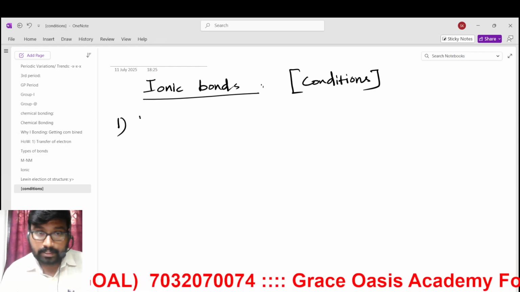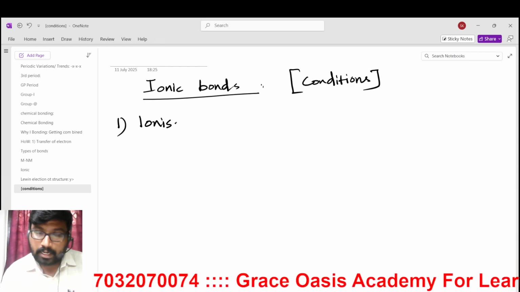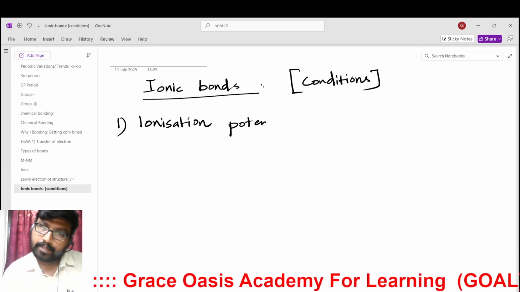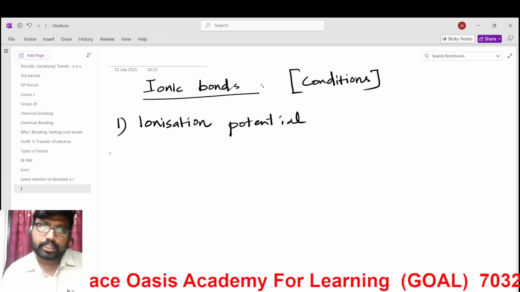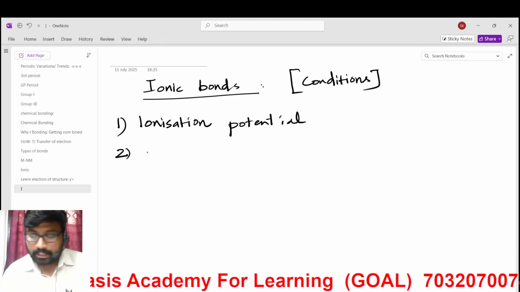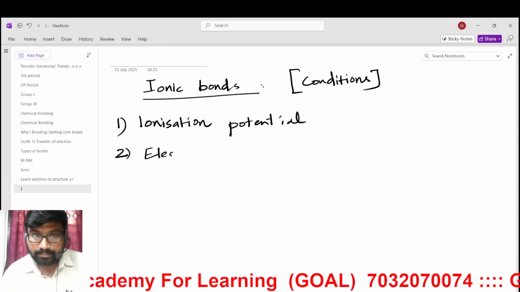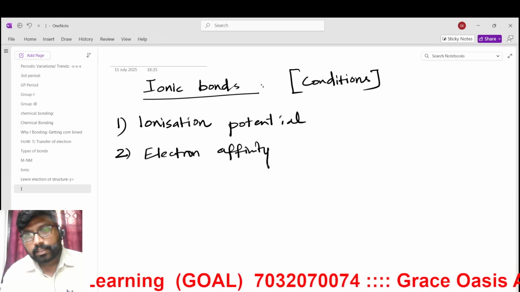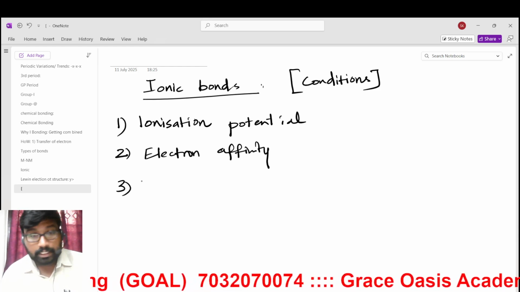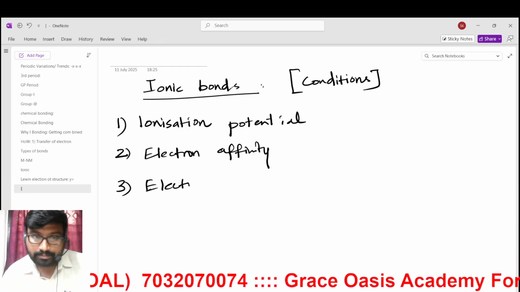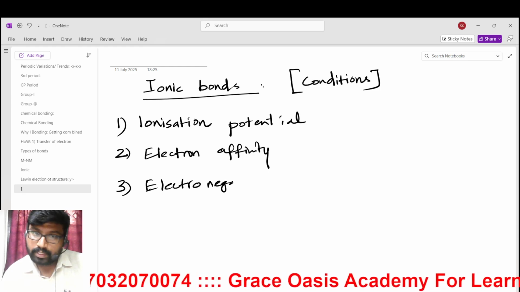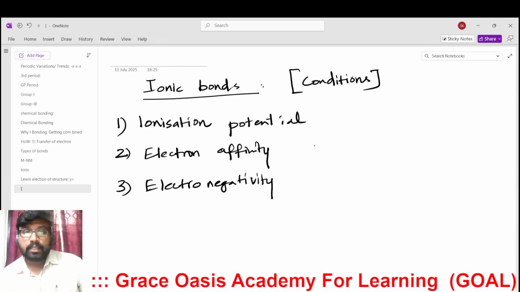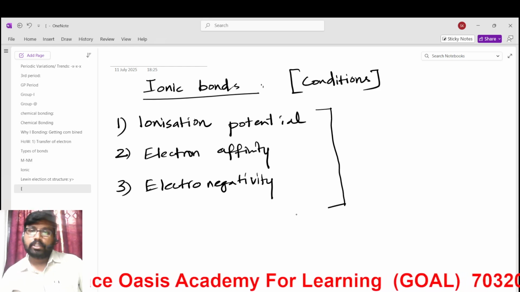First one, ionization potential. Secondly, electron affinity. Third one, electronegativity. So these are the conditions on which ionic bonds will depend.